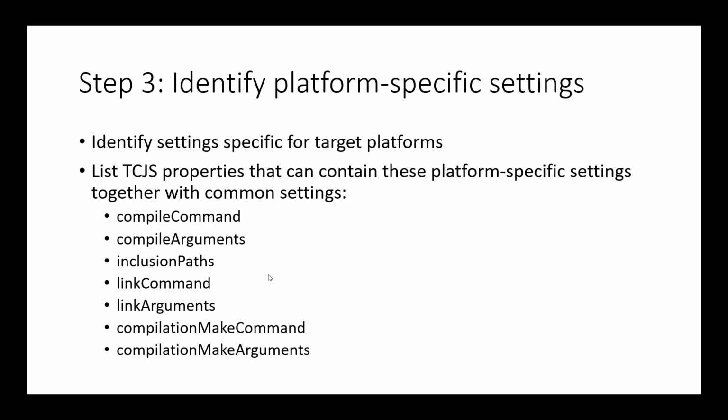For example, maybe some prerequisites can sometimes be different. So you need to find all properties in TCJS that can contain settings which are not common, but which are specific for the platform. Because later you will need to extract those, to remove them from your TCJS.